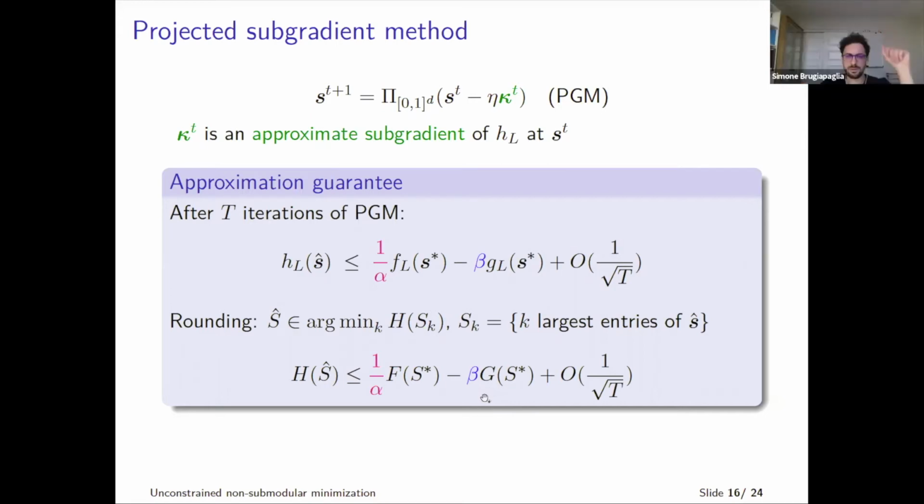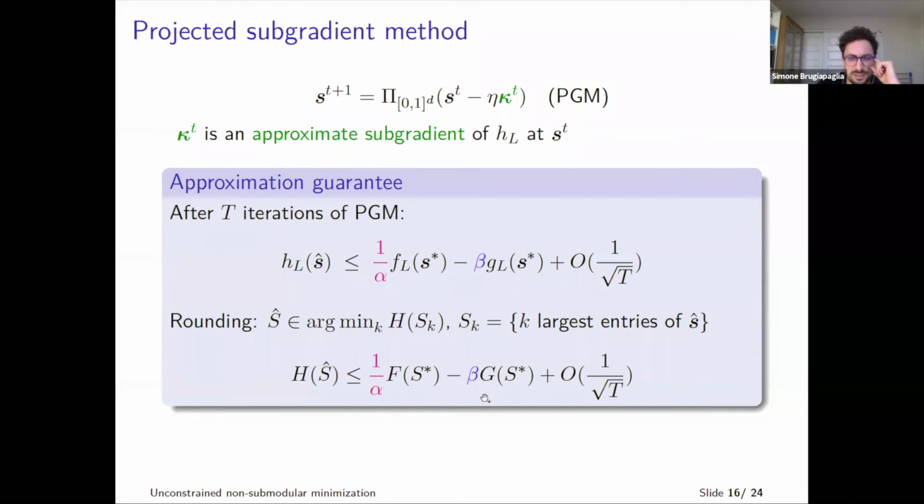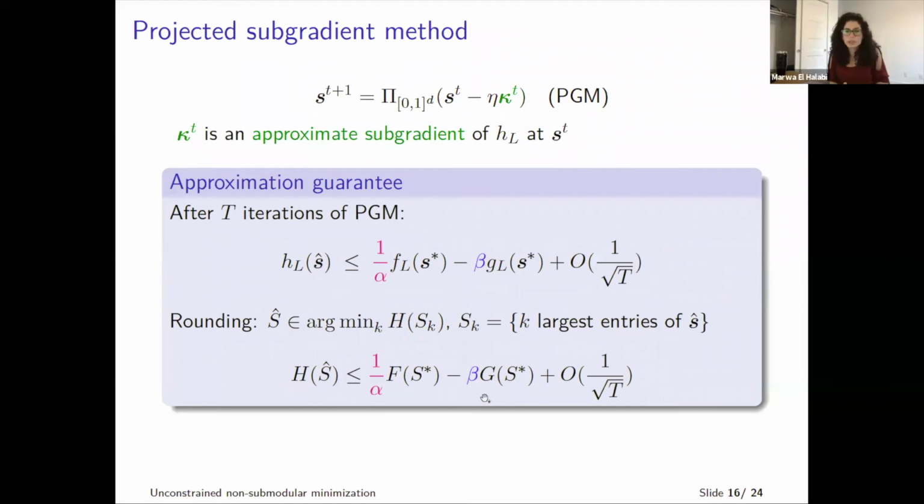Okay. I have a quick question. Yeah. In the big O of 1 over square root t, is there some constant that depends on h hidden there? Yes, there's the Lipschitz constant of h, which I can provide a bound on. It's related to the maximal value of h, basically.